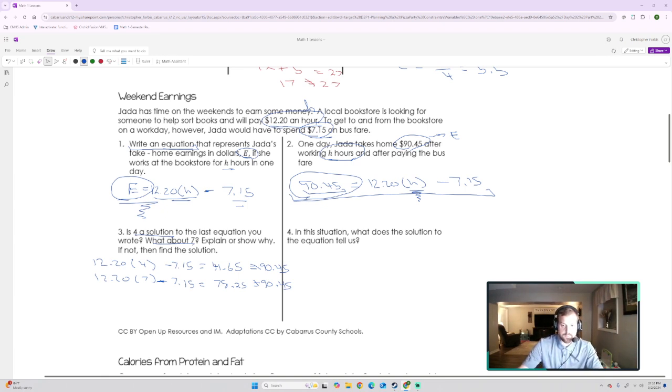All right, moving right along. Now, number 4, in this situation, what does the solution to the equation tell us? So again, I'm not asking you to actually find the solution like we did in the last problem, but if I were to find the solution, number 2, what does that mean?